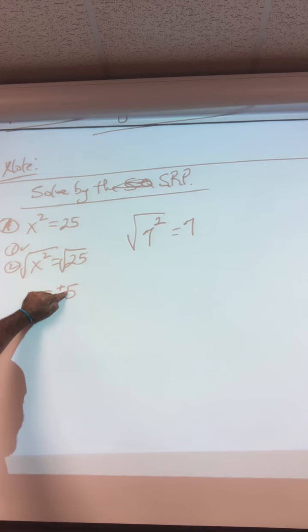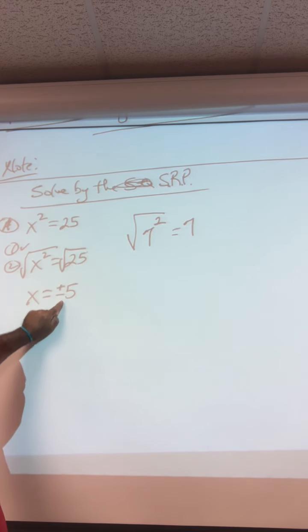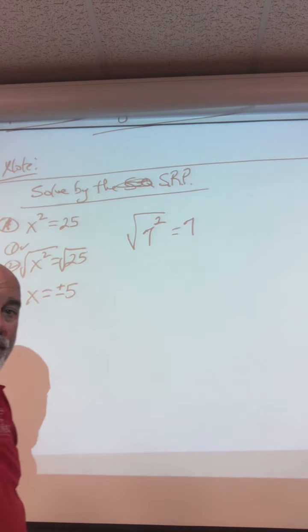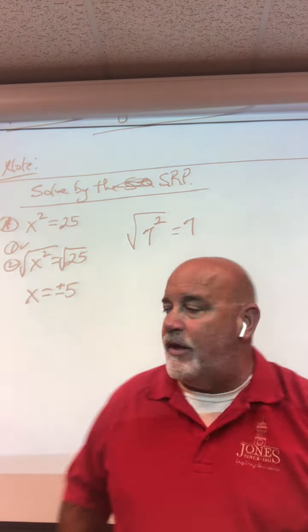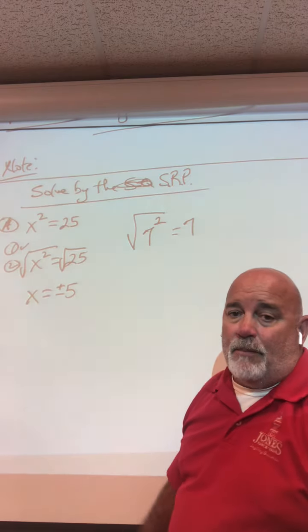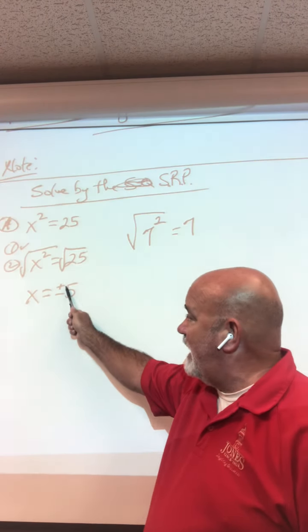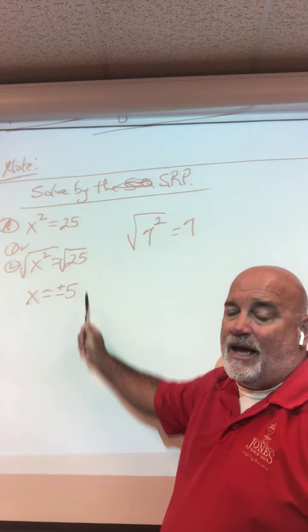It's 25. But the square root of 25 is also negative 5. Here is why. What is negative 5 times negative 5? It's also 25. So technically, when you take the square root of a number, it really has two answers, a plus and a minus answer.